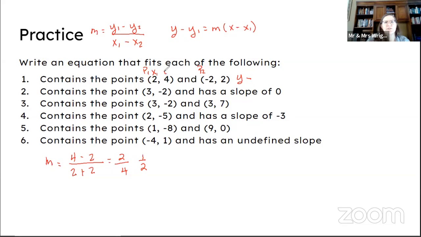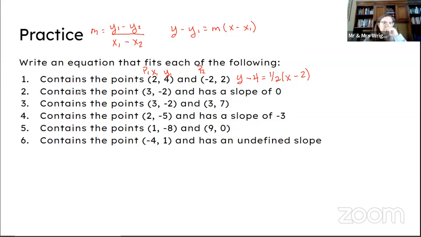So this is x1 and this is y1. y minus 4 equals, m is 1/2, 1/2 times x minus x1, which is 2. And there you go. I was not asked to put it in slope-intercept form, so I'm just going to leave it here in point slope form.